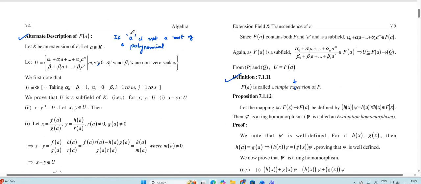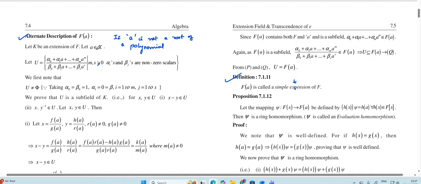This is what we said. If A is a root of some polynomial, at one point this will become 0. We don't want this expression to be 0, I mean, to contain 0. Whenever you have a quotient form, it is natural to require that the denominator is non-zero. So for that reason, you should not have A to be a root of any polynomial.